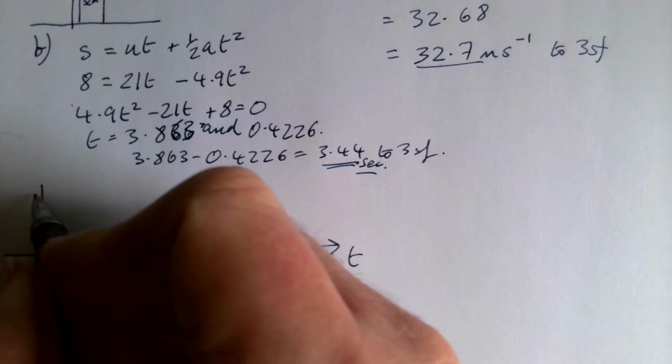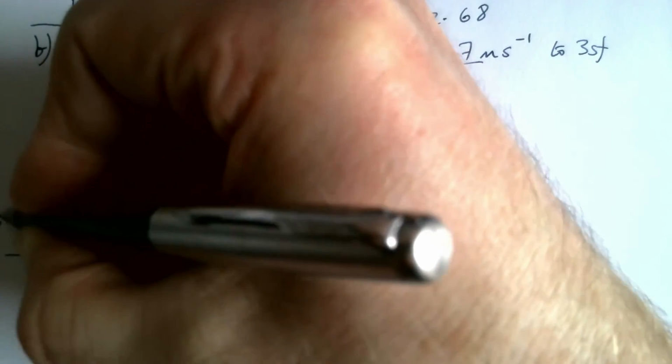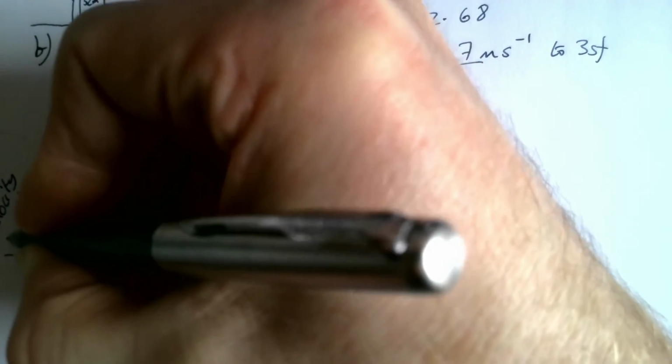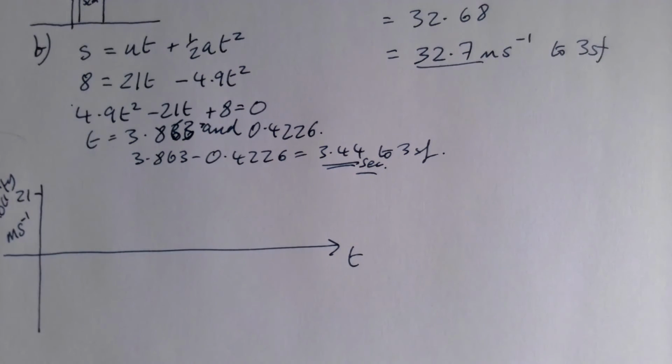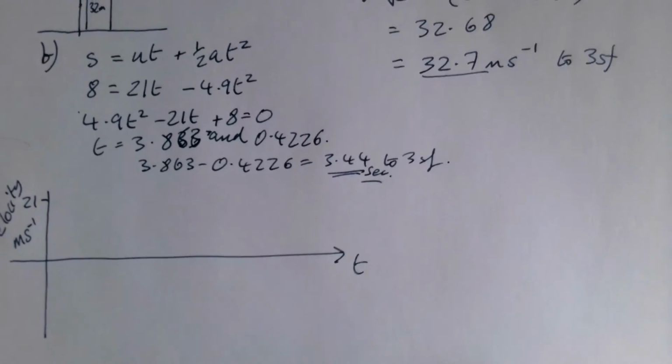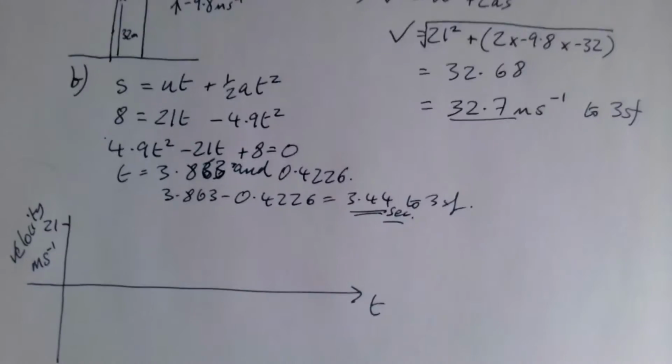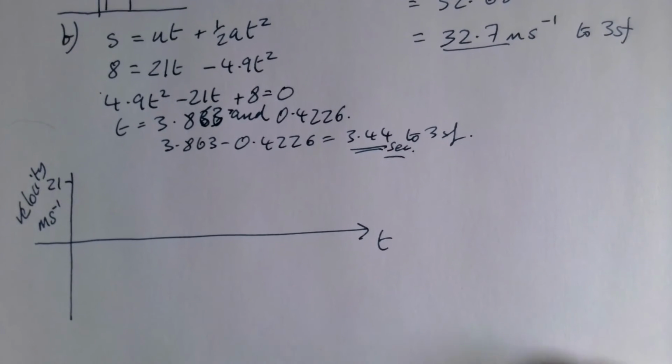It is 21 meters per second, and then it's going to be falling at a constant rate until it gets to 0, but then it's going to continue to be falling. Actually, it'll be going faster, but it'll be going faster in a negative direction.